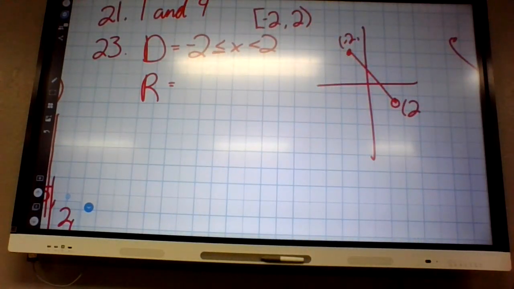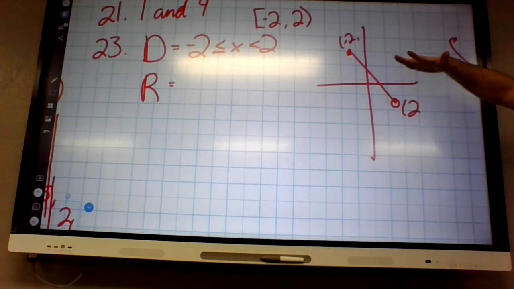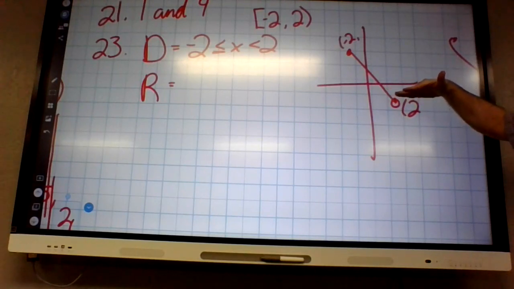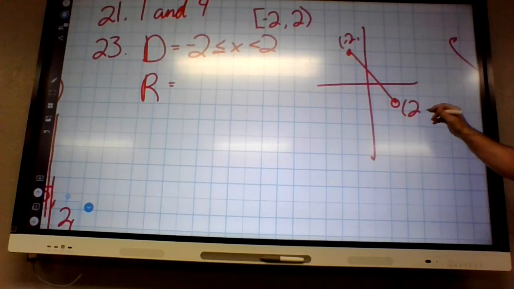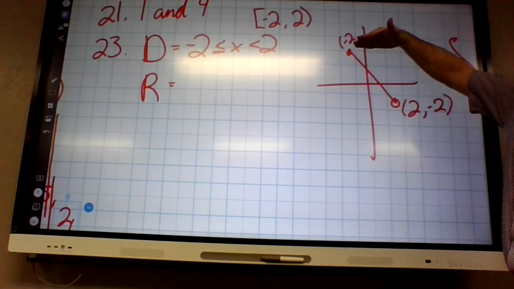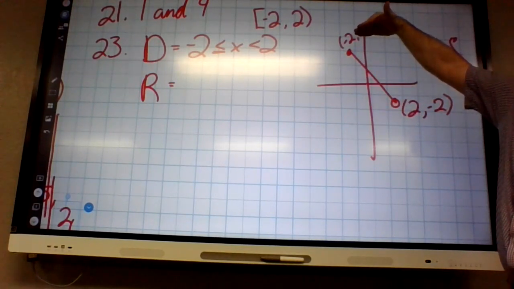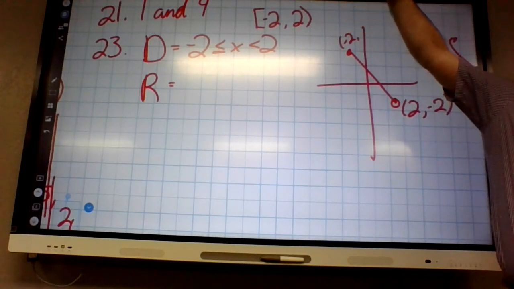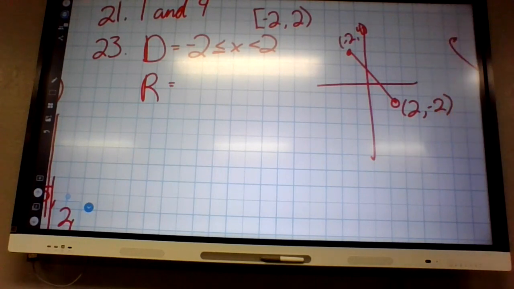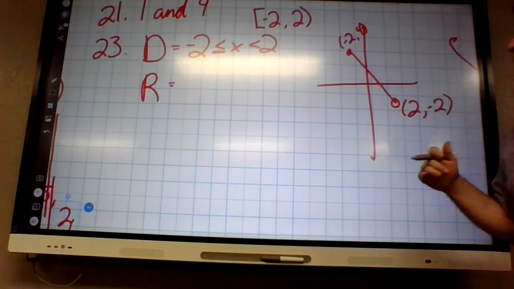Okay, the range. We'll do the same thing. Let's start with the smallest y value. What's the smallest y value down here? Can't really tell in my picture, but it's -2. You're going to have to look at your own picture. What's the largest y value? Can't tell by my picture. 4. So the y values are running from -2 to 4, right?